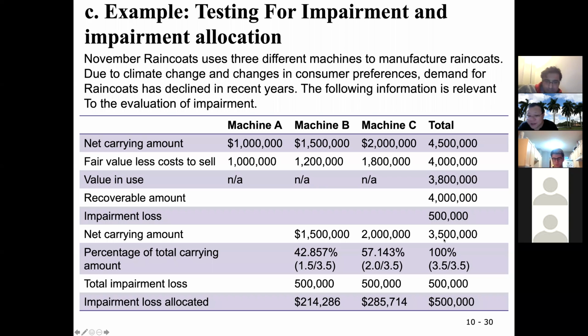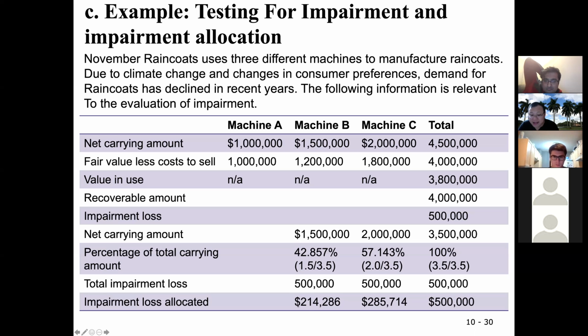The proportion for B is 1.5 divided by 3.5, and the proportion for C is 2.0 divided by 3.5. So I figured out the percentage proportion is 42.857 for B and 57.143 for C. I'm going to apply the same percentage to this impairment loss.